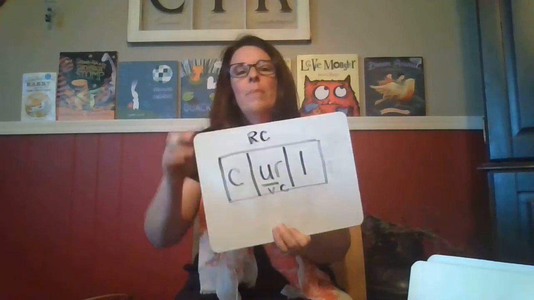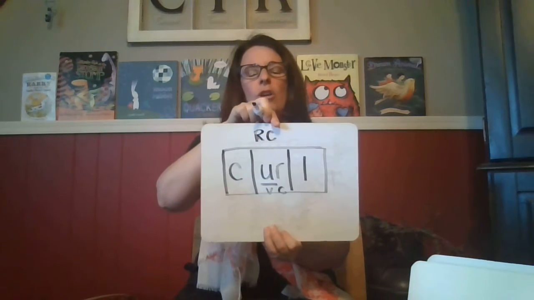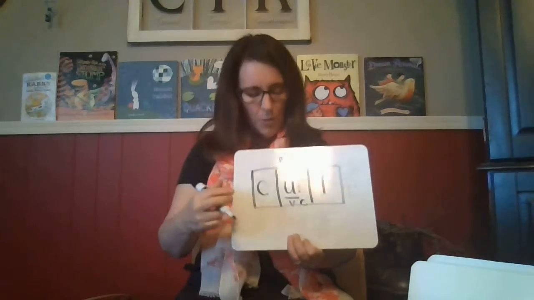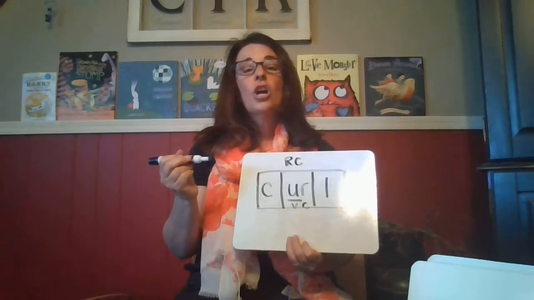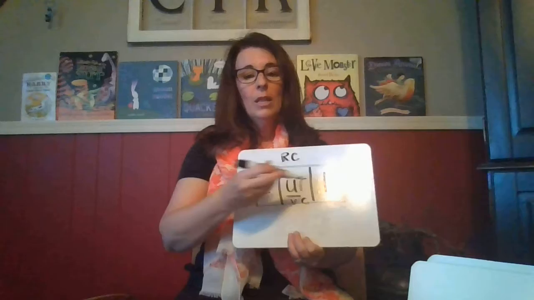It looks closed, but because it's an R, that's the only letter that can change it. I am going to put an RC above it because this is R controlled. So I know this doesn't say K, R, L. It's curl.